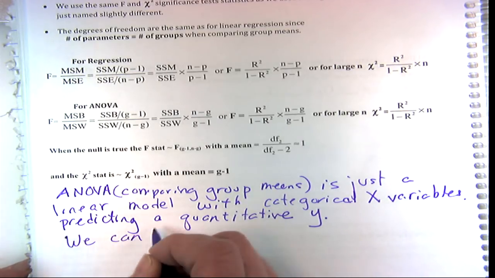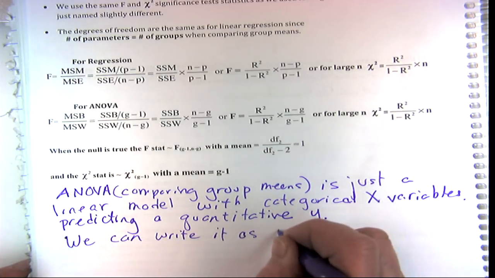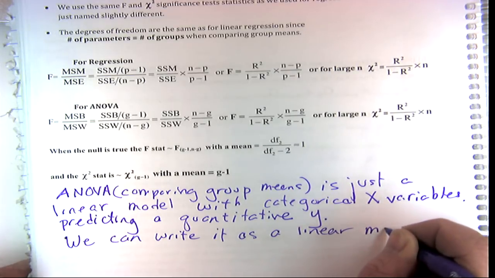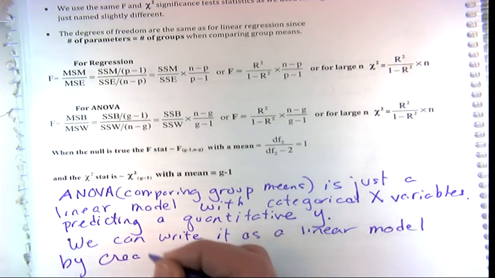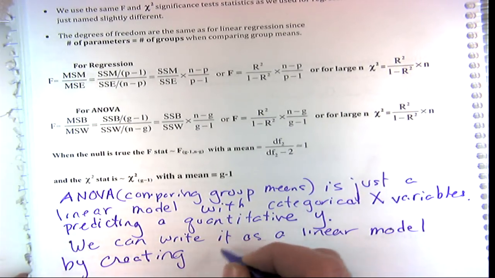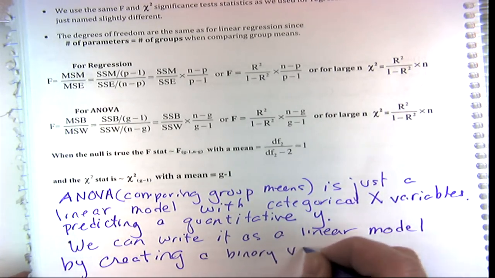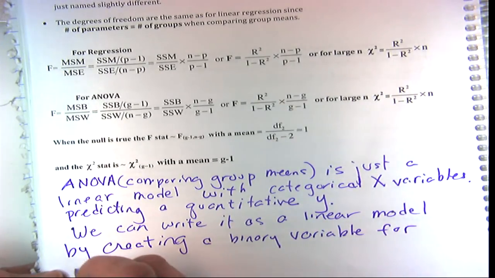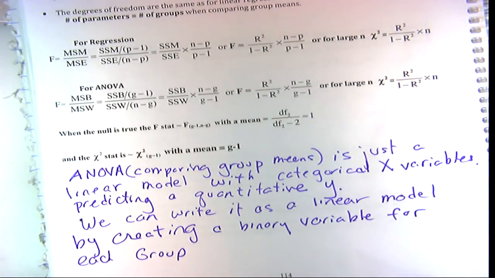We can write it as a linear model by creating a binary variable for each group. There was group A, B, and C, right? Just take one of those experiments.